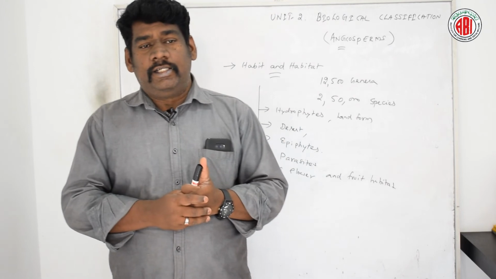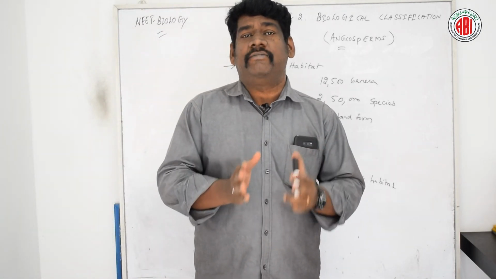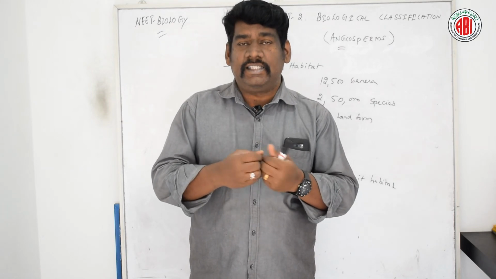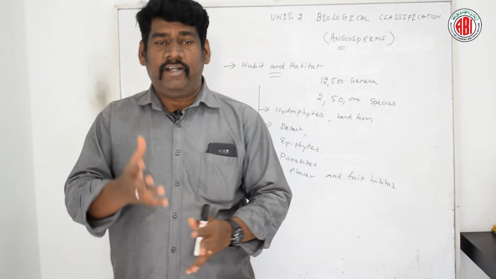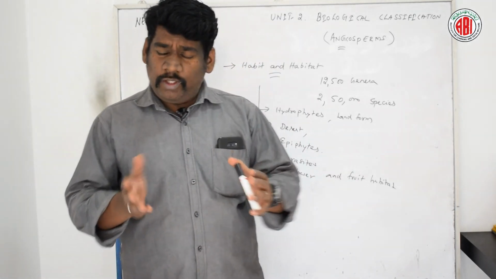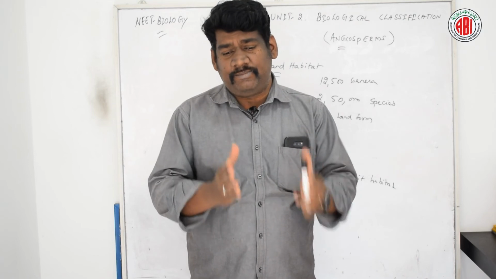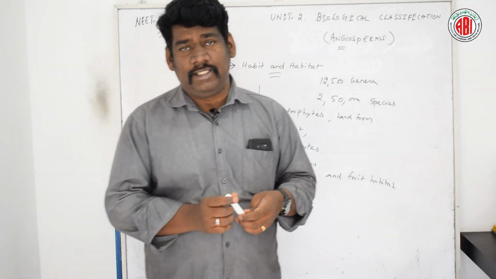Dicotyledons bear two cotyledons in their seeds. Similarly, monocotyledons develop only one cotyledon in their seed. So there is one more way of identifying monocotyledon and dicotyledon plants.